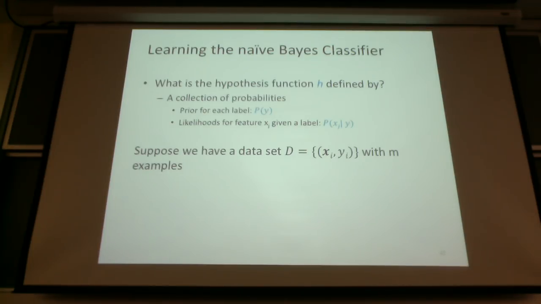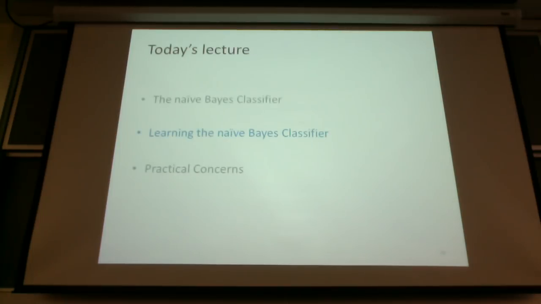Before going to the math, I have a question. It says likelihood for a feature given the label. So for every label, there's a set of xj, right? Yep. So you go back 3 slides. 1, 2, 3.